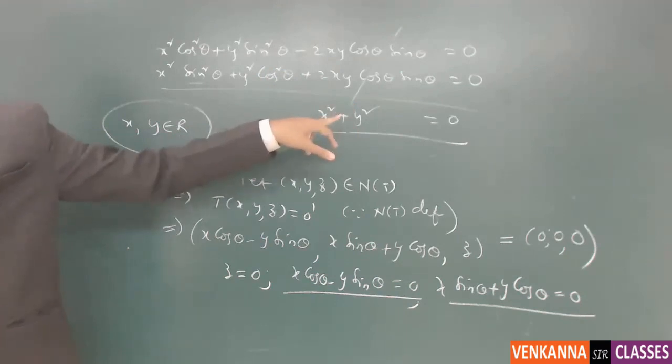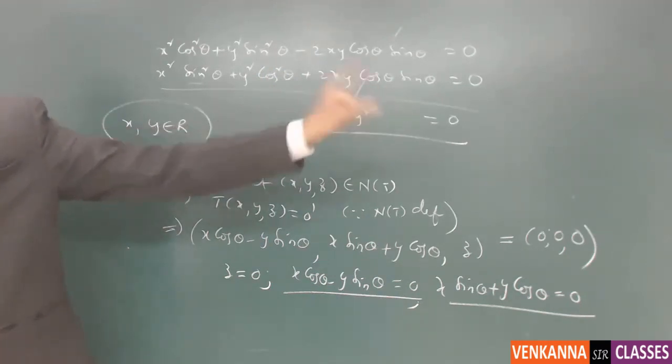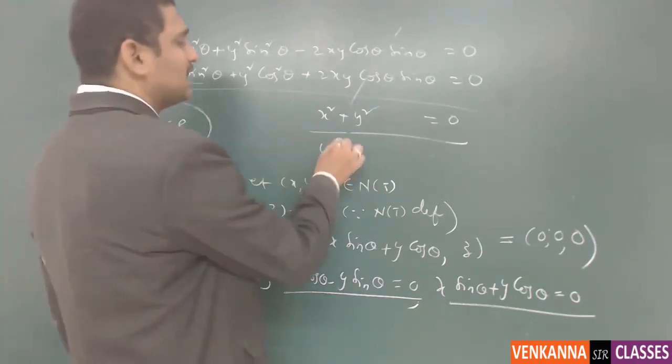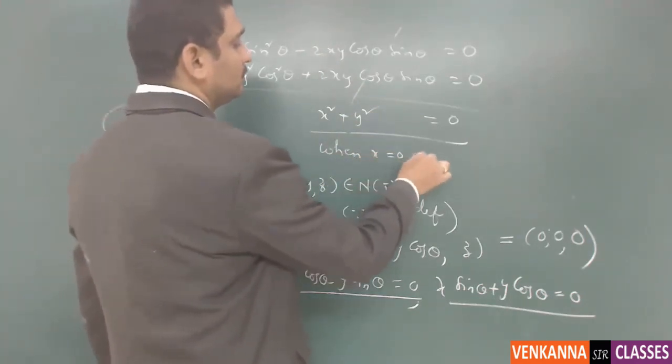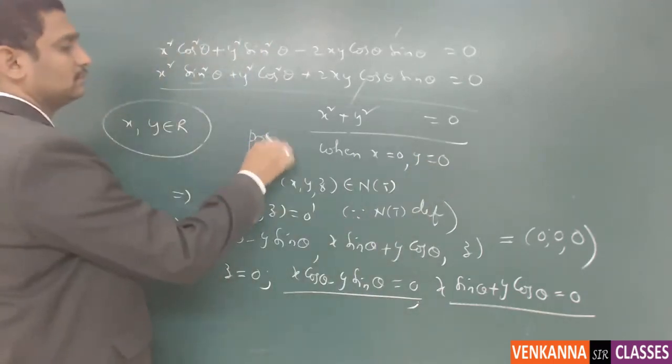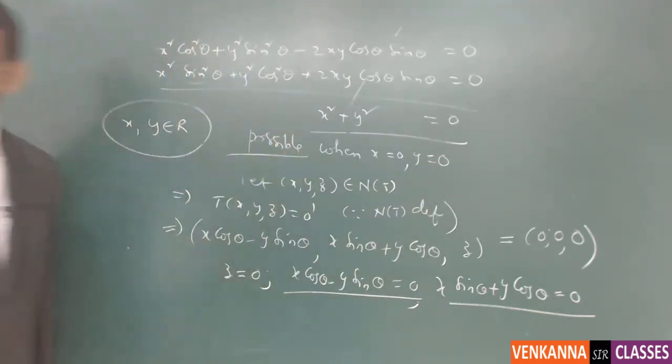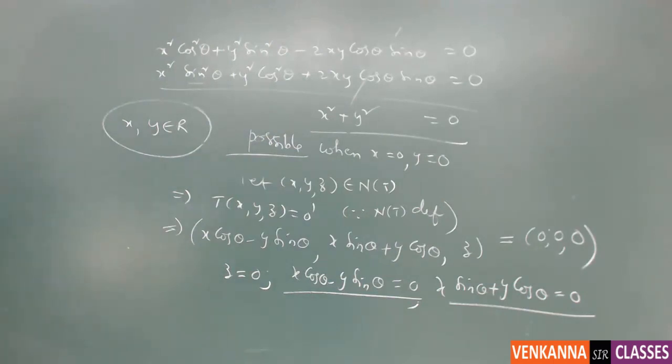You are adding two non-negative values and the result is 0. So it is possible only when x and y are 0. Only then can you say that x squared plus y squared equals 0. Otherwise, if x and y are non-zero, or any one of them is non-zero, you have no chance of saying that. Agreed?